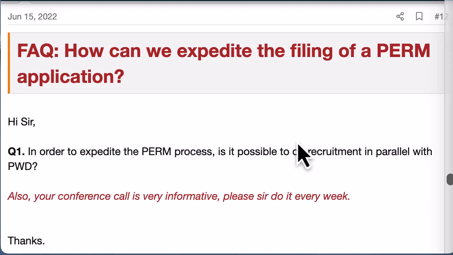What I would do is, in about the 5th month of pendency, I would do the job order, which is filed with the local employment commission in the state, because the job order has to stay up for 30 days. That could save you a few weeks' time. So that's the only thing you can do.